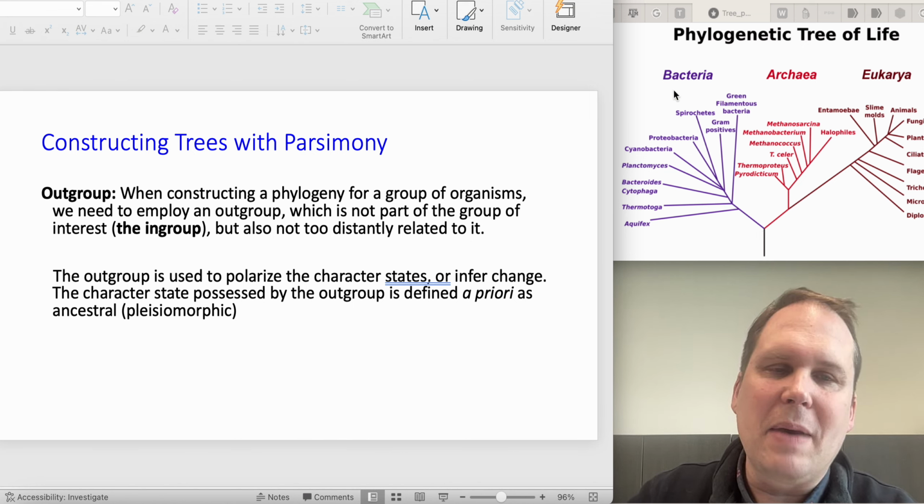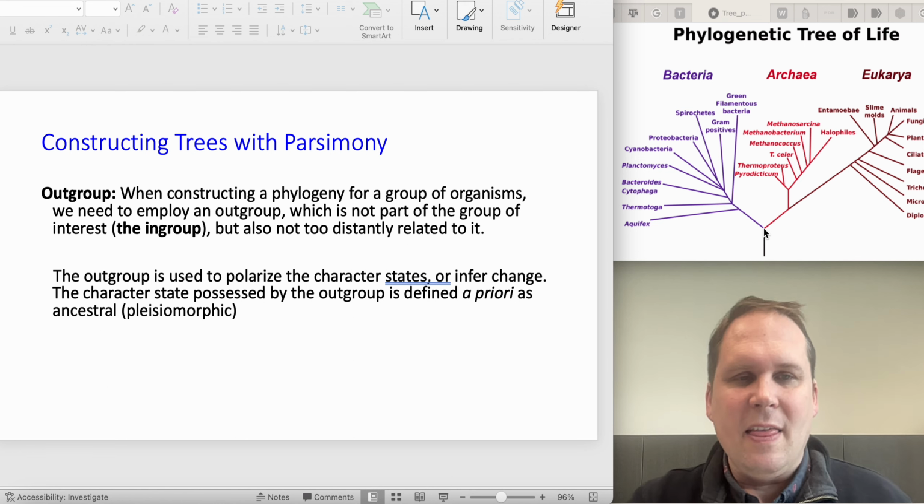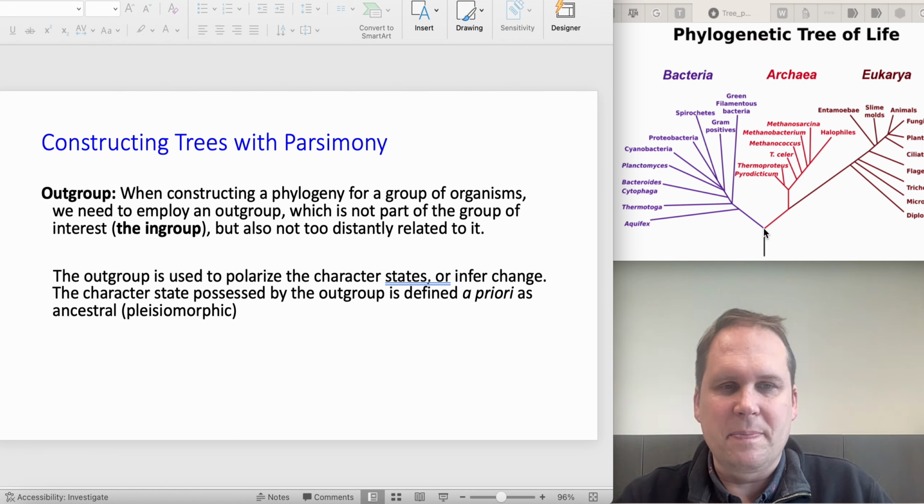So they reconstructed a bacterial tree, there it is, and then they reconstructed an archaeal tree and a eukaryotic tree, and then they reconstructed all these together. So they knew that eukaryotes and archaea are related, and so the point where that branch meets the bacteria branch, right there, bam, that's where they put the root.